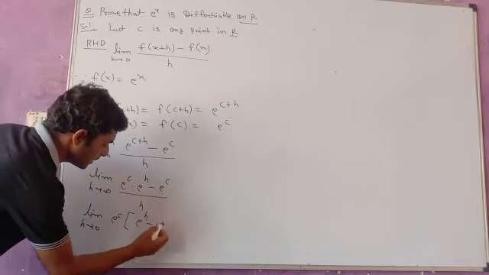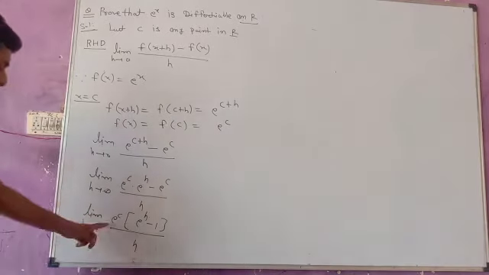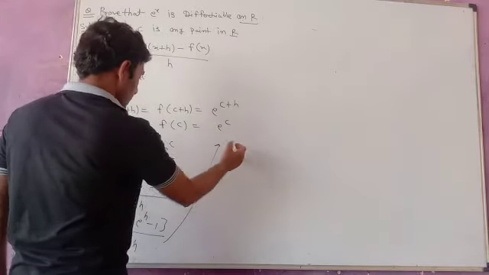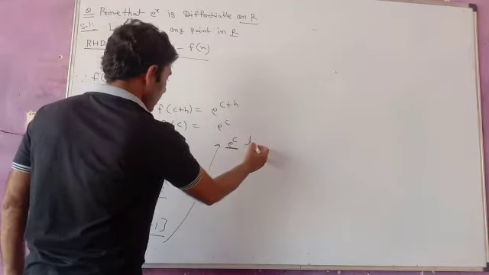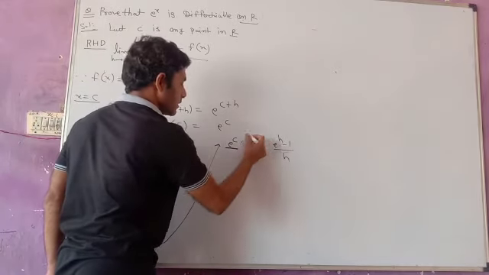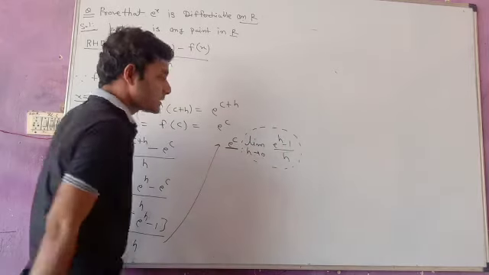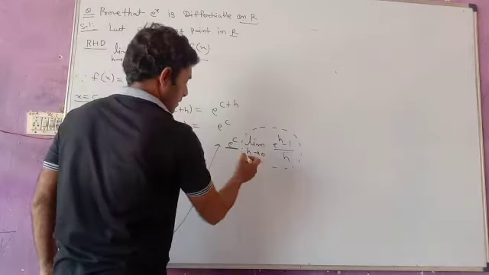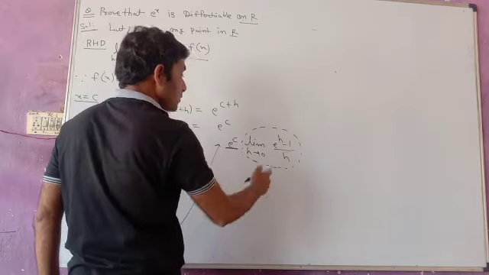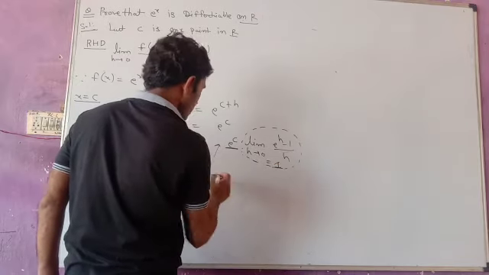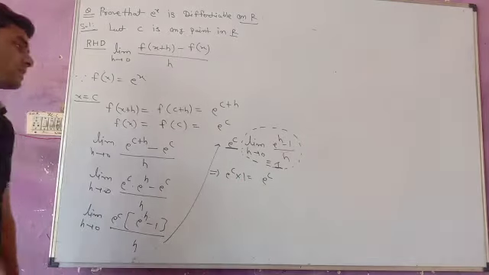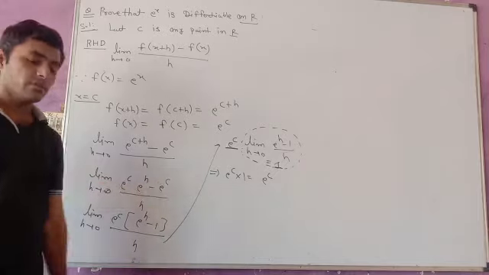We have e power h minus 1 upon h. e power c is a constant value, so we can take it outside of the limit. We have e power c times limit h tends to 0 of (e power h minus 1) upon h, and we know that this is a standard limit. The value of this limit is always 1. Now we have e power c multiplied by 1, which means e power c. This is the right hand derivative.